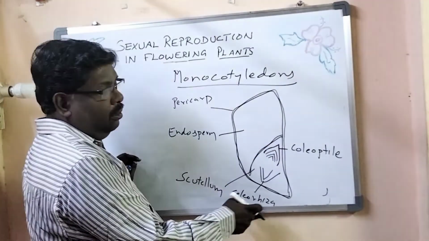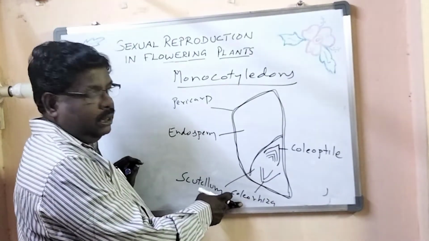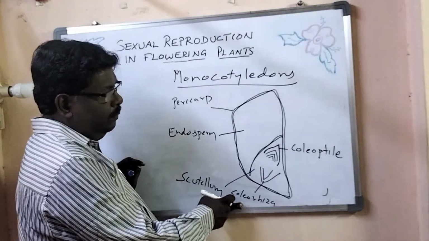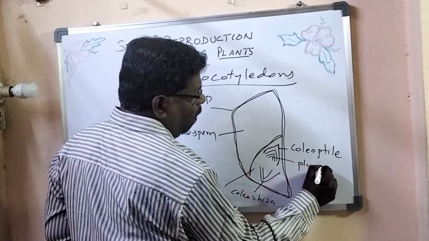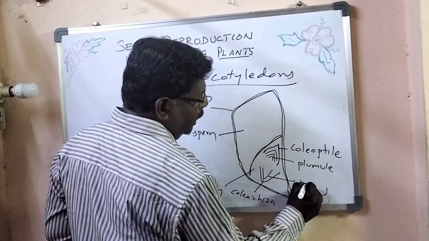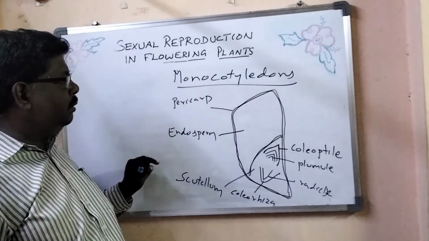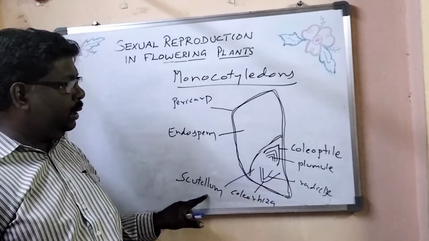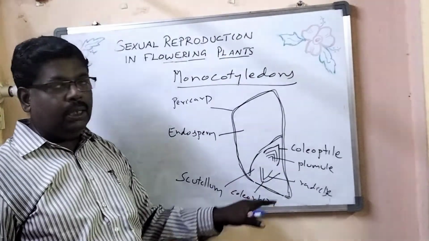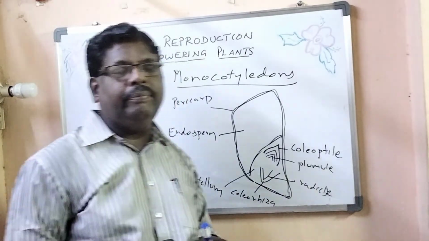Of course this is the plumule and this is the radicle. So it's a single cotyledon. You can see the pericarp, endosperm, and the cotyledon, exactly called the scutellum, and this plumule and radicle are protected by the sheaths coleoptile and coleorhiza.